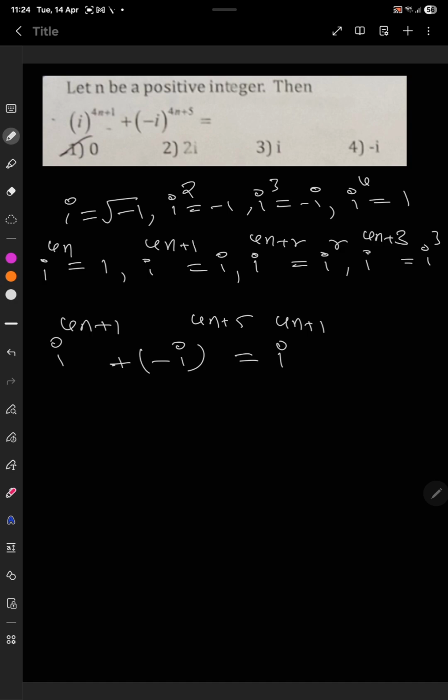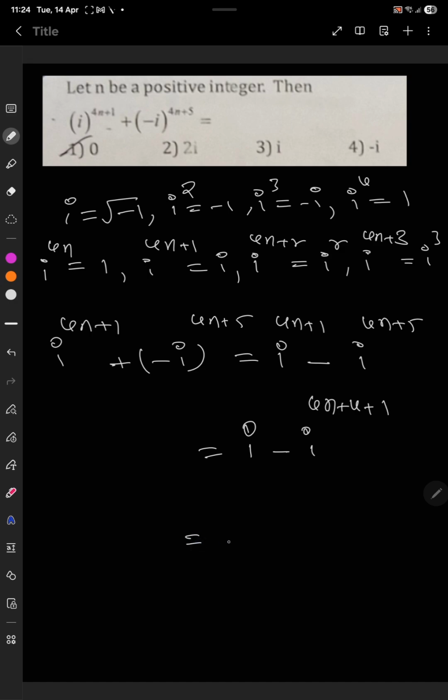So minus power odd power is minus of i power 4n plus 5. Odd power of minus is minus. So i power 4n plus 1 is equal to i, minus i power 4n plus 5 can be written as 4n plus 4 plus 1.